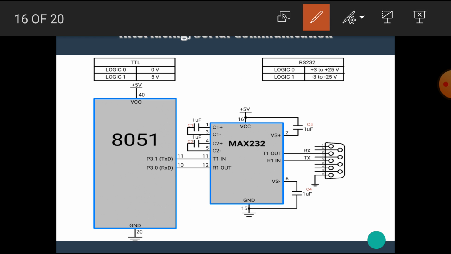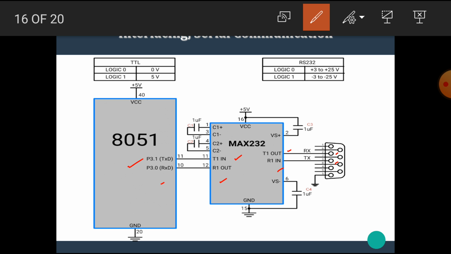This is another diagram in which we can see the detailed view. P3.1, TxD, is connected with T in, and T1 out is connected with the second pin of the DB9. The RxD is connected with R out, and this is connected with R in at the third pin of DB9.